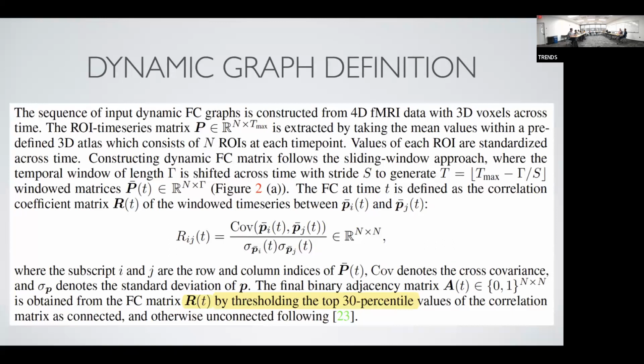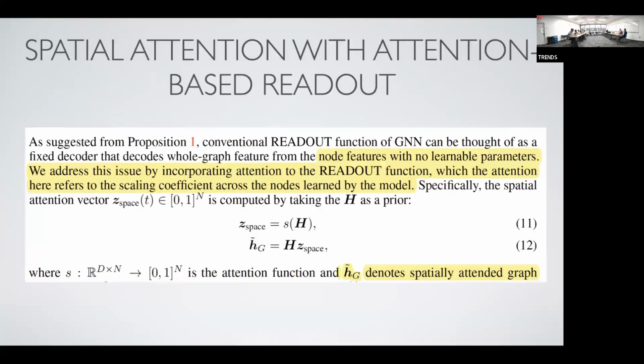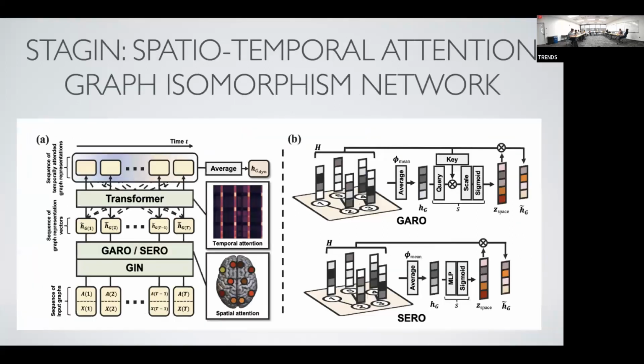It's not anything too complicated. It just looks like they kind of find the graph. No, the graph is still functional connectivity. Yeah, the graph is still a correlation matrix. Thresholded correlation matrix, like everyone else.